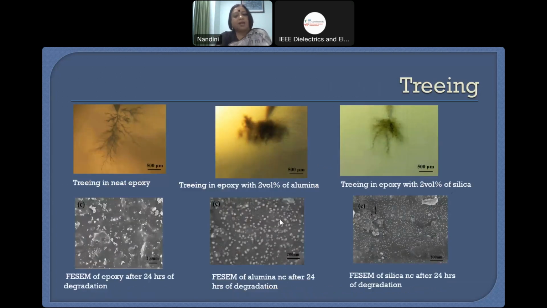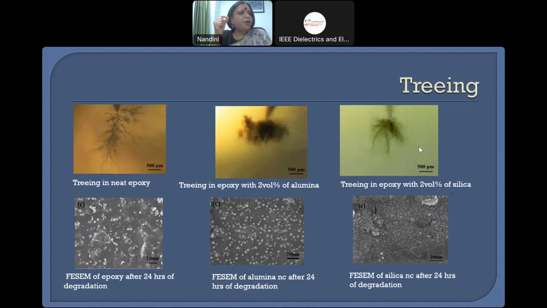Now if we extrapolate this understanding to electrical treeing, what we see is that if you see treeing in neat epoxy, and then here you have alumina filled epoxy, and then you have silica filled epoxy, the tree is not able to progress as fast towards the other electrode as in neat epoxy. So putting in nanoparticles in the epoxy prevents tree propagation.